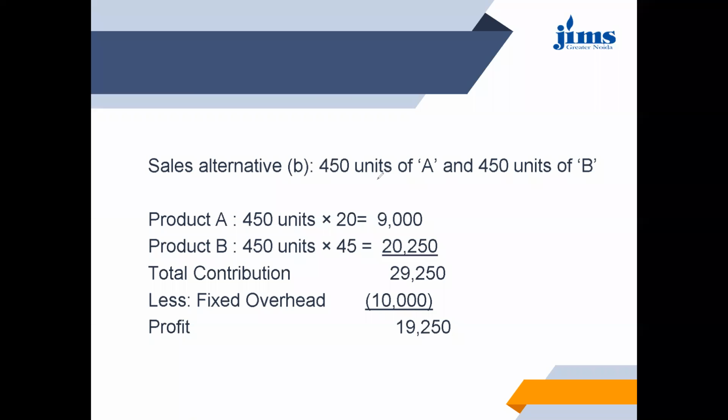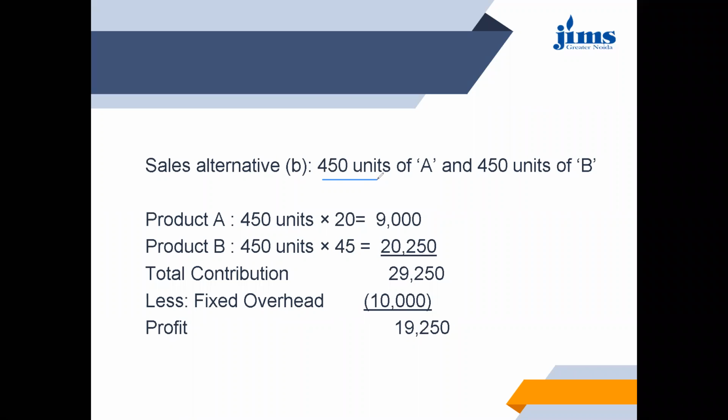In alternative 2, the company is planning to produce 450 units of product A and the same 450 units of product B. For product A, we multiply 450 units with the contribution per unit, 20 rupees, so the contribution for product A is 9,000 rupees.